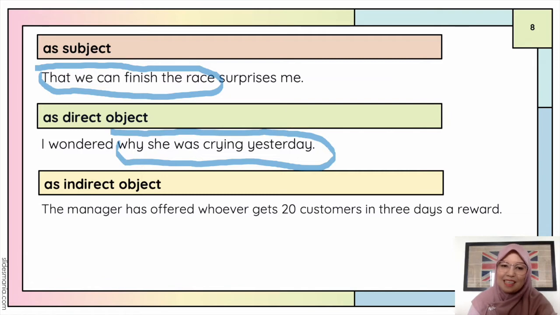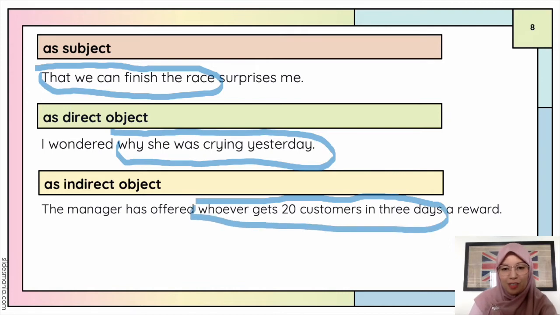Good. Now, the function as indirect object. The manager has offered whoever gets 20 customers in 3 days a reward. Can you find the noun clause? Very good. You are correct. Whoever gets 20 customers in 3 days is the noun clause.